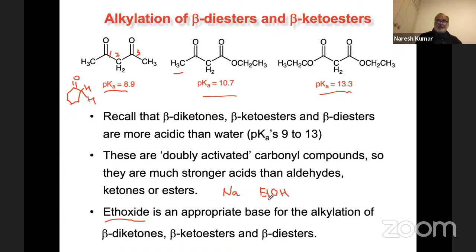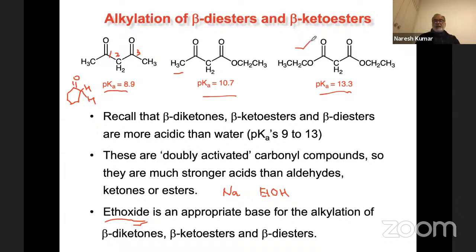But if you take pure dry ethanol and you add sodium metal into it, you generate this base called sodium ethoxide. And sodium ethoxide is a good enough base to remove that proton in these cases. And this is going to lead to very interesting reactions, and we're going to see that in a minute.